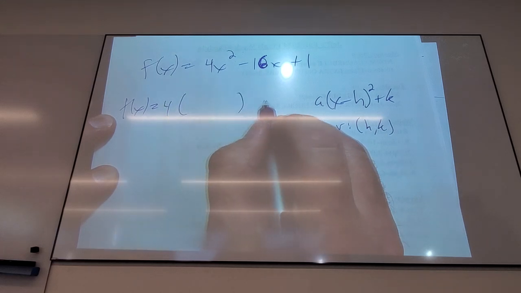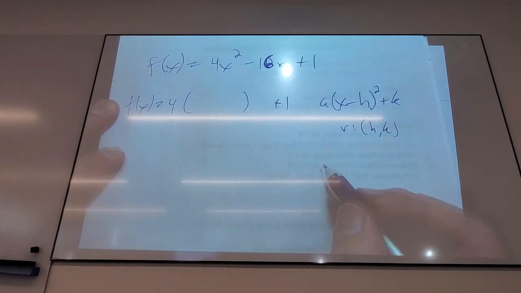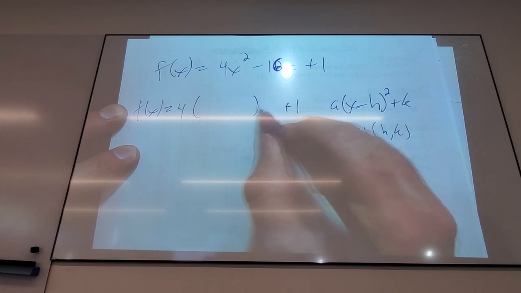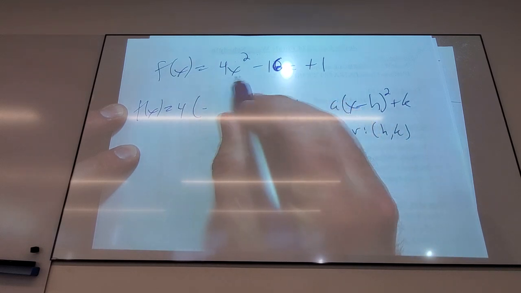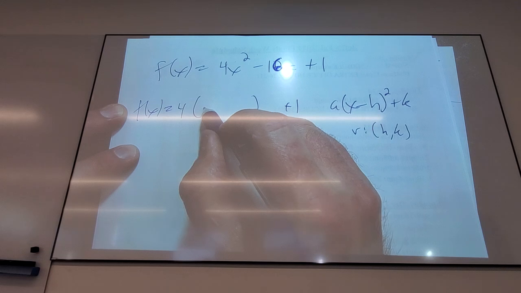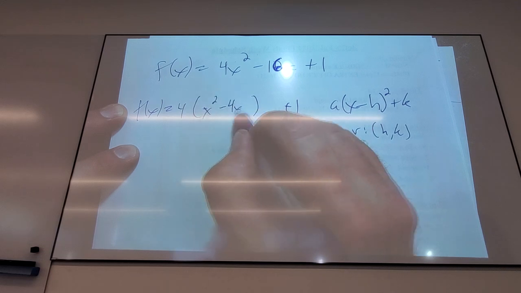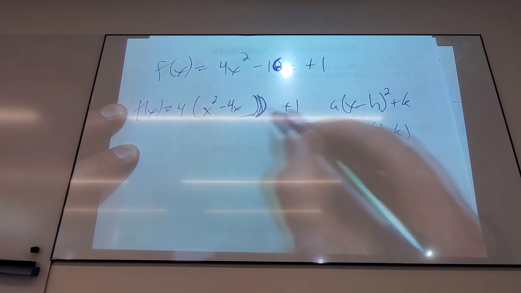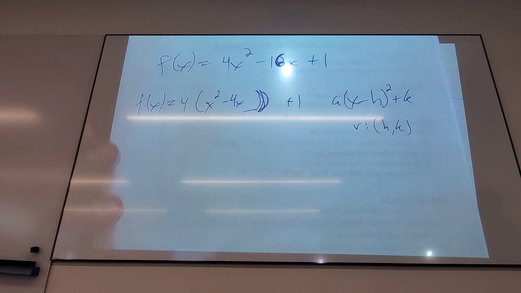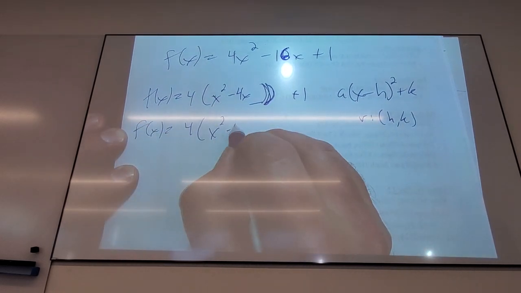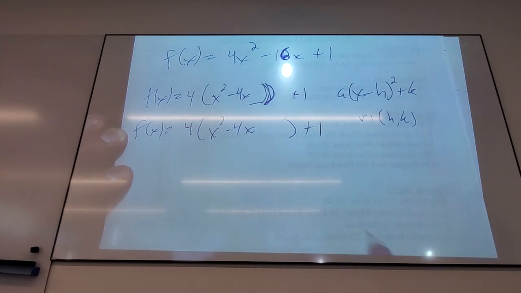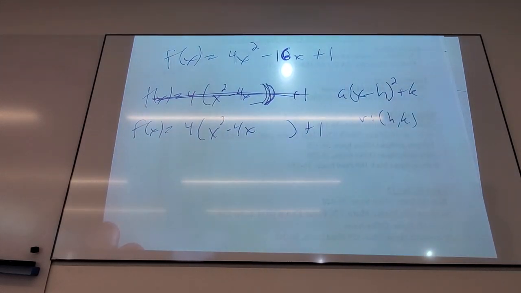I'll take a 4 out and then make some room. What do I get when I take a 4 out?